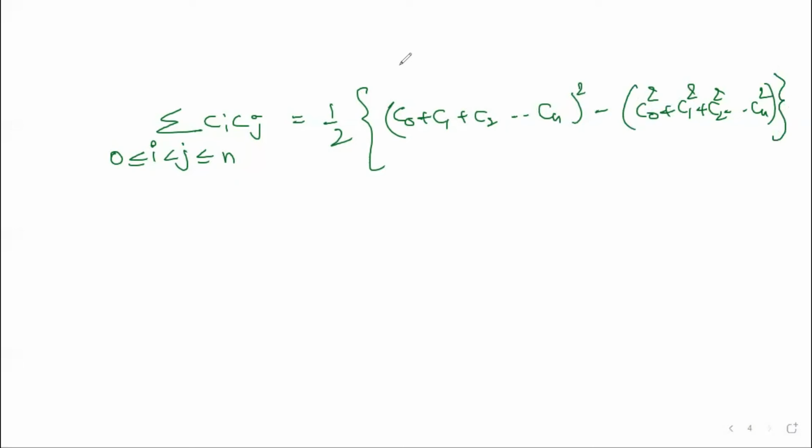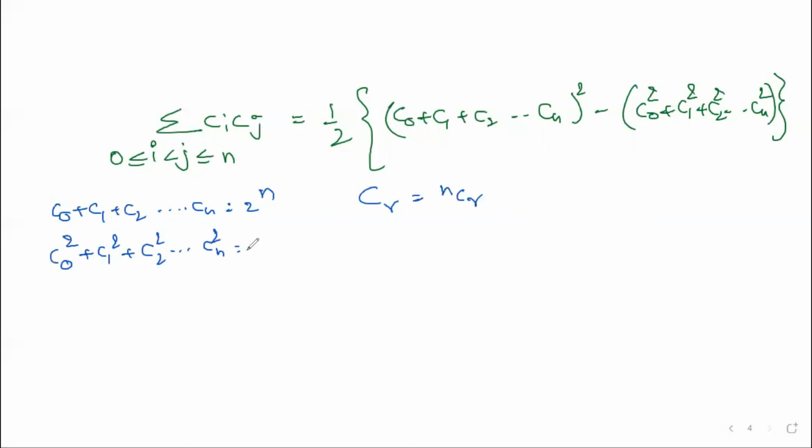And let us just revise the results based on it. We already know that C0 plus C1 plus C2 till Cn is nothing but 2^n. Cr is the notation which we write for nCr. Similarly, C0 square plus C1 square plus C2 square till Cn square is 2n Cn.